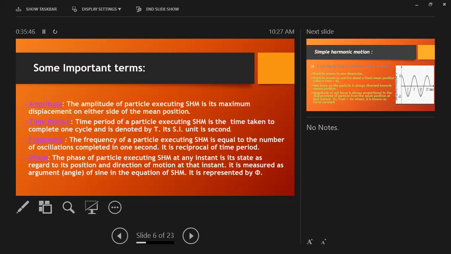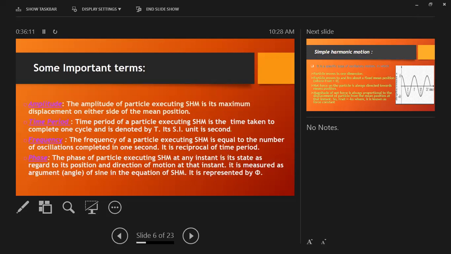This is pi by 2. This is pi. This is 3 pi by 2. And the complete circle will become what? 2 pi. Understood now? So when we project a wave on a circle, that is said to be a phasor diagram. Is it clear for all of you?